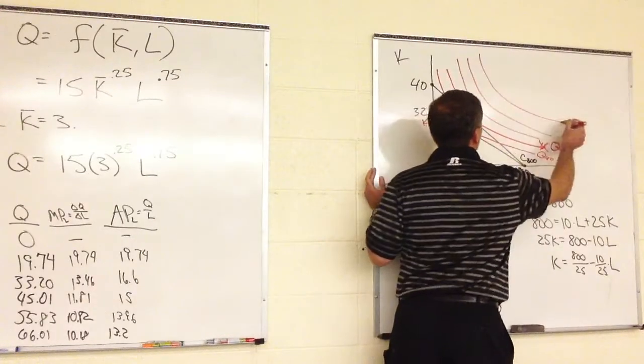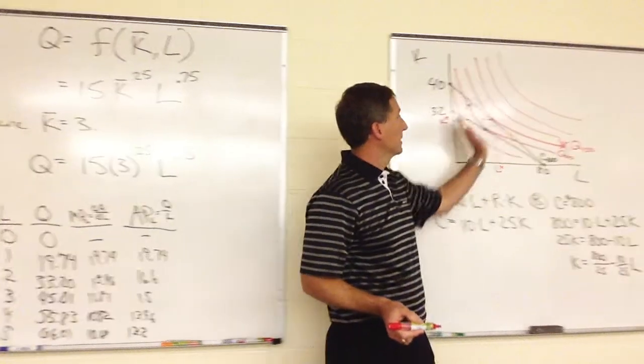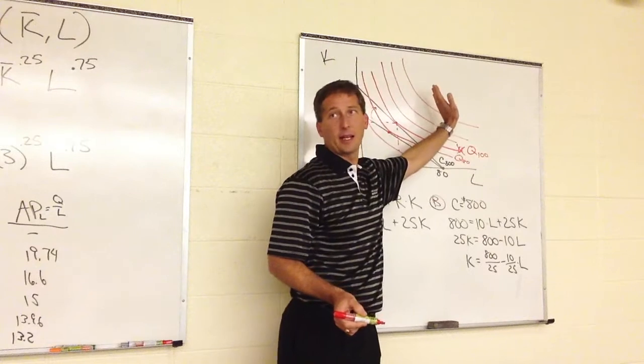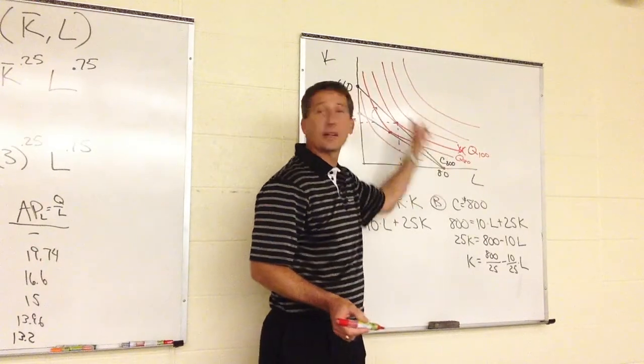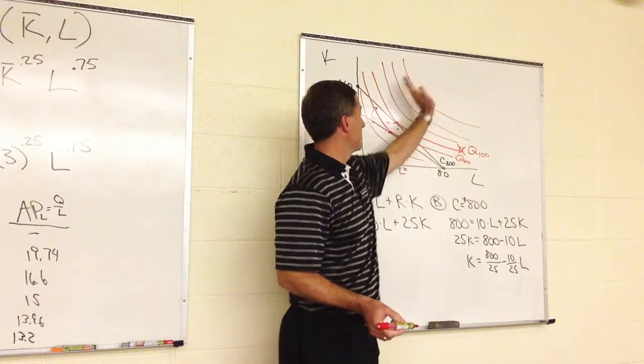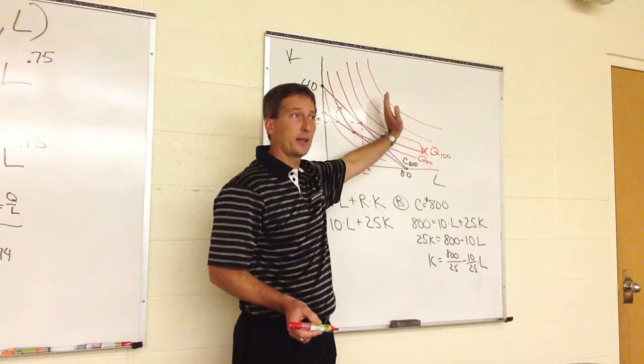And so this problem, similar to the utility maximization problem, is what's the maximum amount of output I can make given the fact that I only have $800 to spend, right? So same thing, but now it's the company saying what's the maximum amount of stuff I can make.